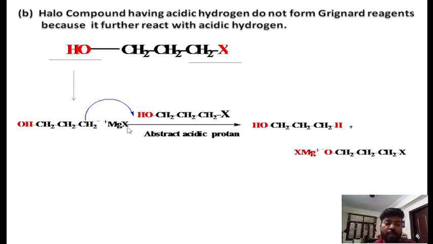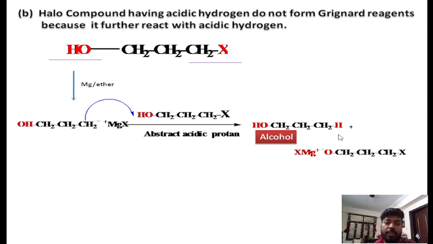Initially Grignard will form. As I told you, this R minus acts as a base depending on the condition. Here an acidic proton is available, so the Grignard abstracts the OH proton from its original molecule, giving alcohol as a product. That's the reason acidic hydrogens in the alkyl halide do not give stable Grignard.